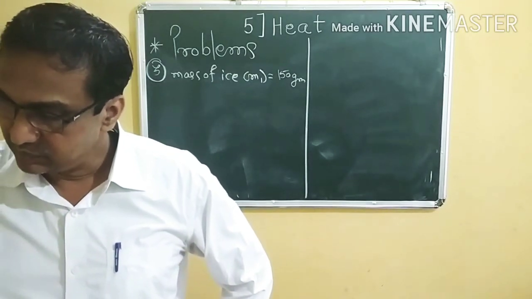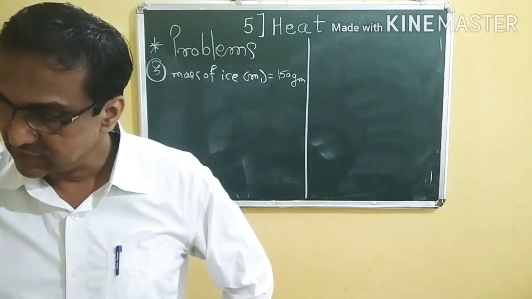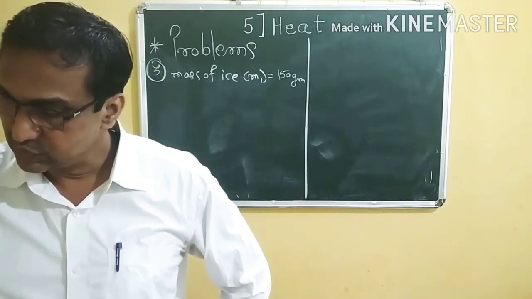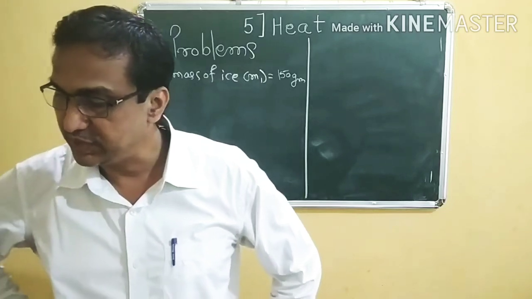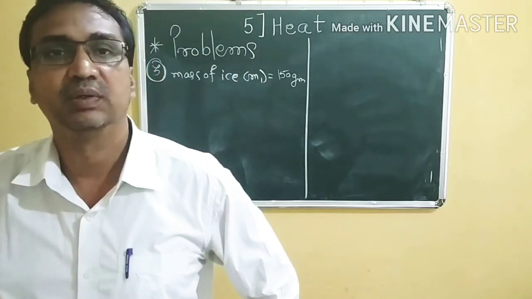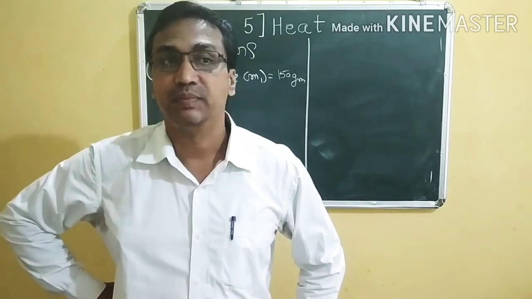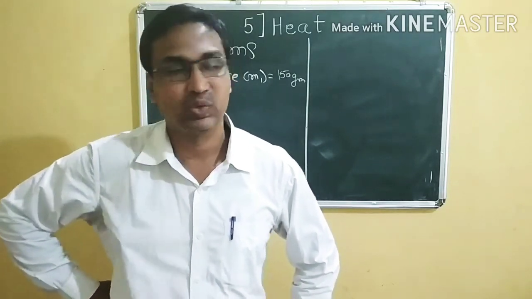How much steam of 100 degrees Celsius has to be mixed to it so that water of temperature 50 degrees Celsius will be obtained? So we have to find out the mass of steam, that is M2.